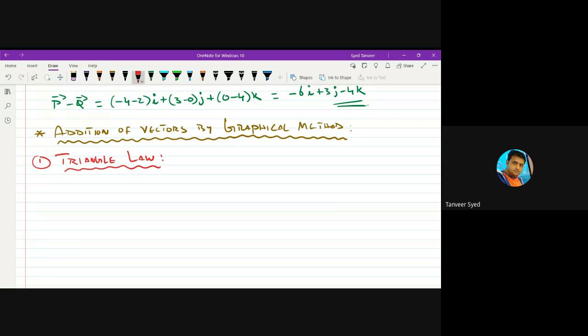What does this triangle law say? First point is these laws are used to add vectors. If a vector is represented graphically, we represent vectors by arrows.